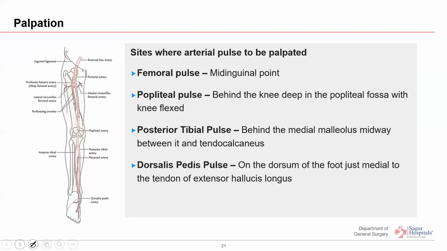And a very important aspect here is palpation of your peripheral pulses. As a postgraduate, you need to know how to palpate a particular artery, the landmark and surface anatomy, and also against which bone you need to palpate.